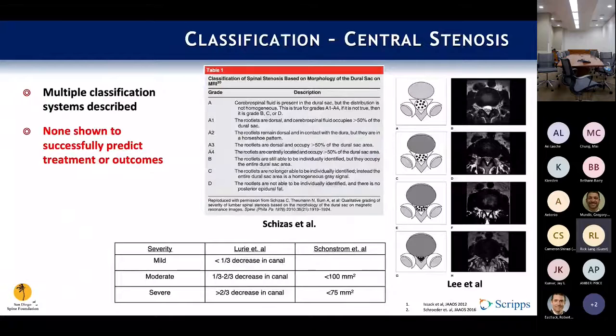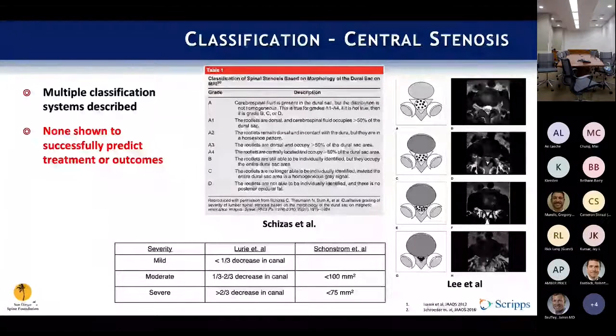There's a variety of classification schemes. We won't go into these because none of them have really been shown to predict treatment or outcomes. However, they do help with evaluating your imaging to make sure that you're looking at the right pathology. On the right, Lionel showed that it's generally loss of the anterior CSF space, then a decrease in space between the nerve roots, leading to loss of all space between the nerve roots.